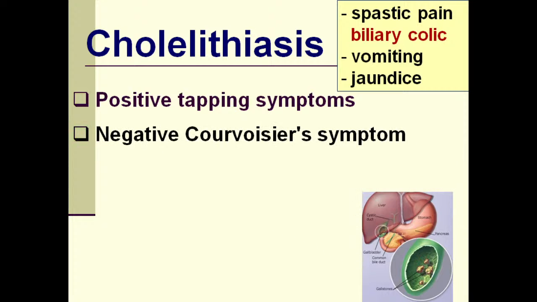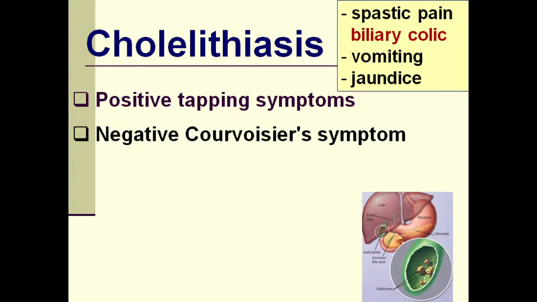But if the patient comes in with jaundice, as I said, we will differentiate obstruction inside from the gallbladder or outside from the head of the pancreas. In this case, we'll check the Courvoisier symptom, simulating movement of the gallbladder, and if the gallbladder is movable, we are talking about a positive Courvoisier symptom, which indicates outside obstruction.